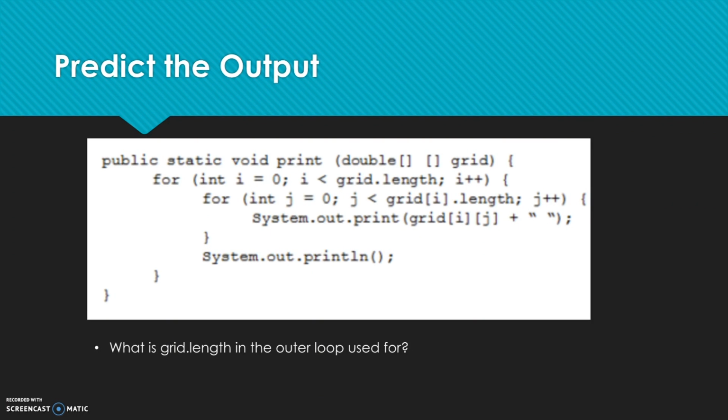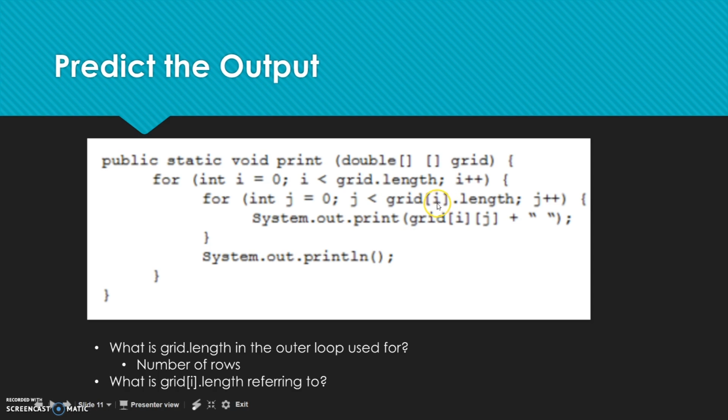First question, what is grid.length in the outer loop used for? You can see that it's used for the number of rows. You're going to traverse the rows first, and then what is grid[i].length referring to? i is the index used in the outer loop.